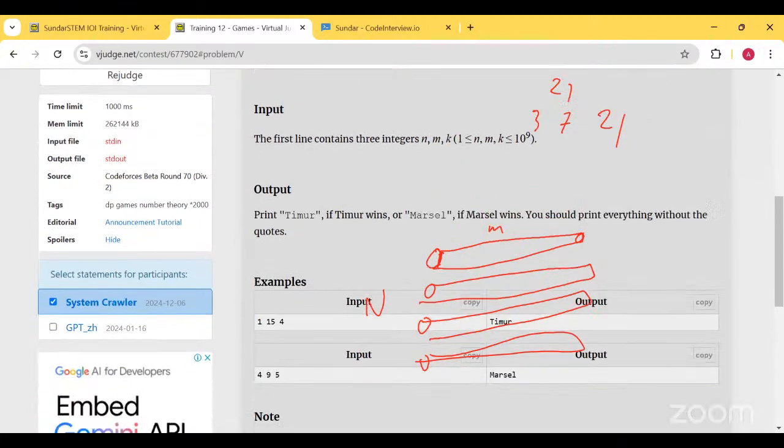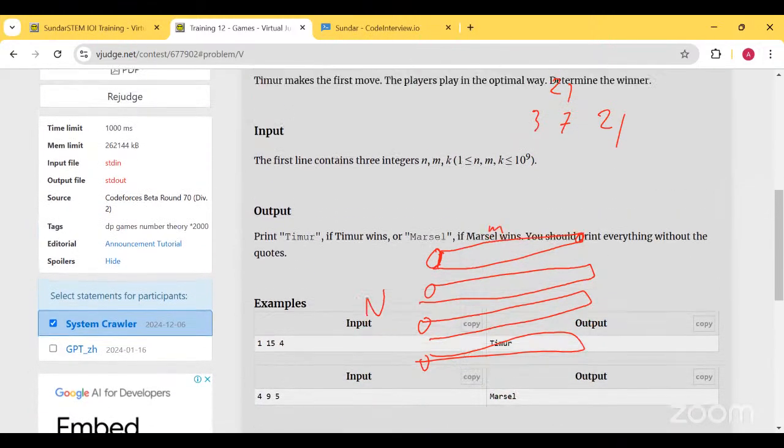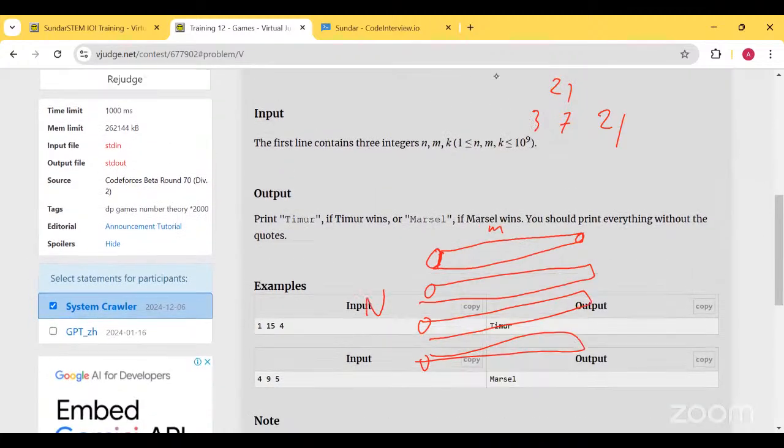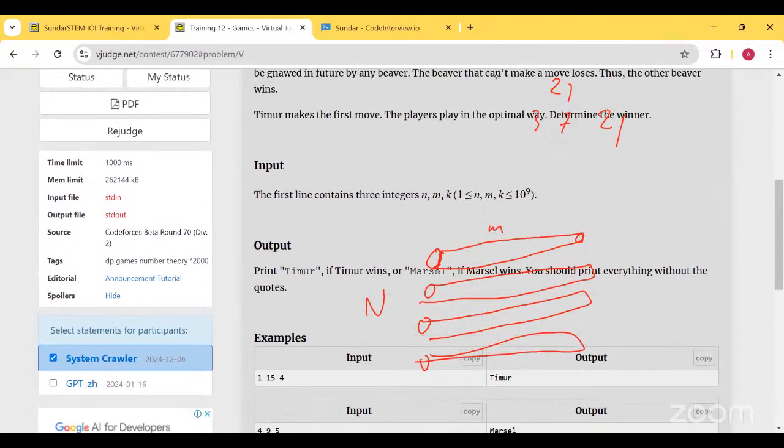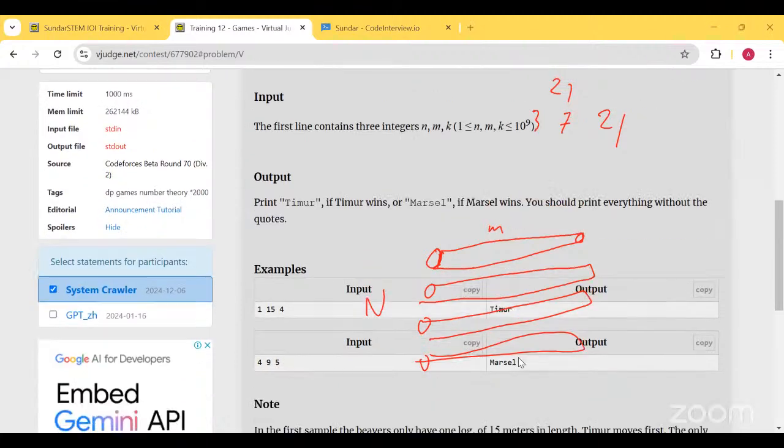Then we can just find the Grundy number, is it correct? The Grundy number of M, and then just do XOR for all of them.